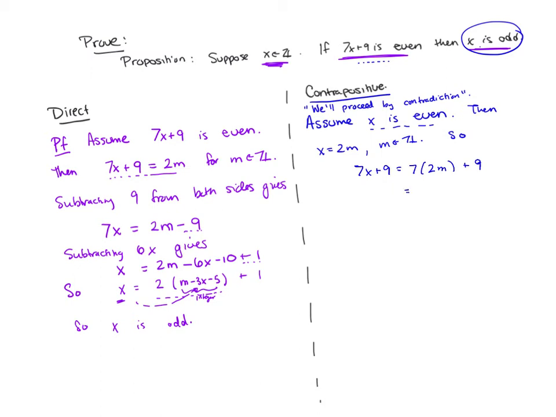So I'm going to have 14m plus, I know I want to have a plus 1, so I'll say plus 8 plus 1. So then I can get 2 times 7m plus 4 plus 1, where 7m plus 4 is an integer. Thus, I can conclude that 7x plus 9 is odd.